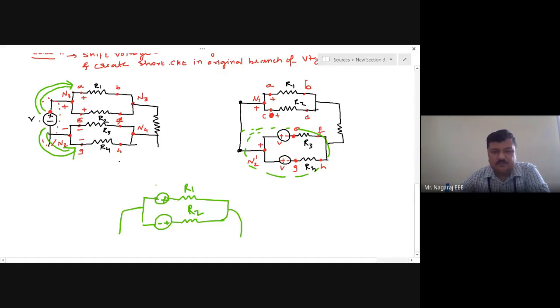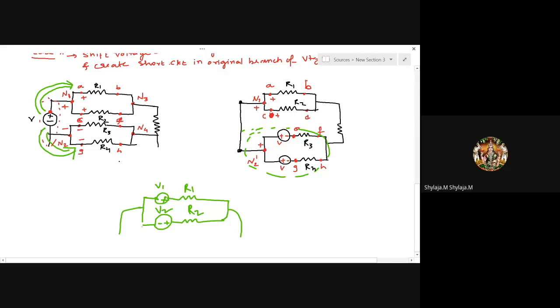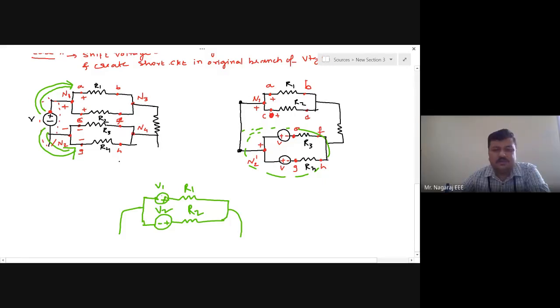And effective values of V1 and V2 directly? No, sir. So one way is that I convert this to my convenient form, take the effective values of resistances and sources, and then come to an equivalent circuit.